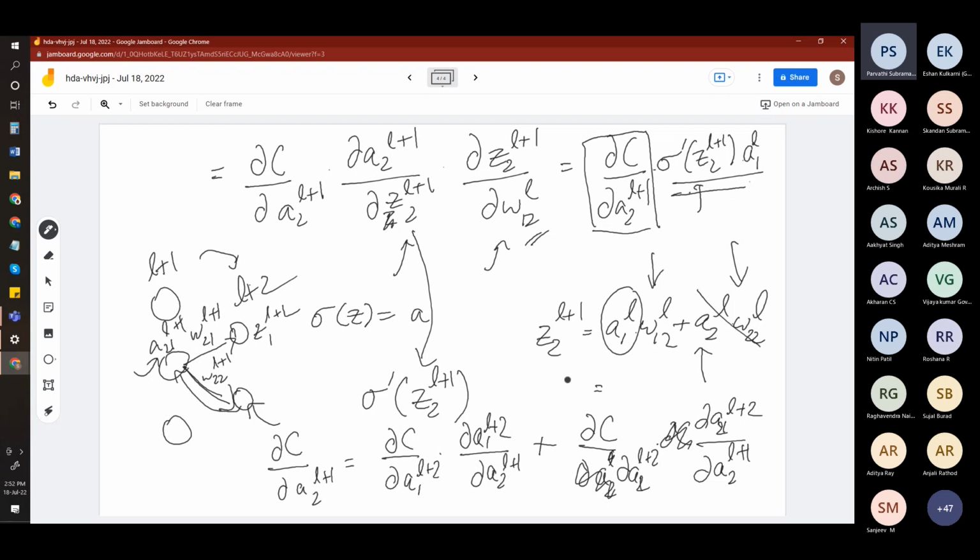And we can also remember that the A2 L plus 1 is directly influencing the Z value at this node, and when the sigma function acts on that particular Z value, it is creating the A values of the L plus 2th layer. So we have to split this once more in terms of the Z, because this A is directly affecting the Z and the Z is creating the A of the next layer.